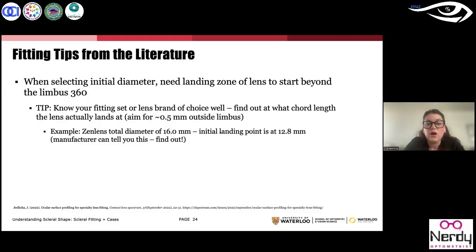If you're not sure of this, just reach out to the manufacturer. I think this is a really handy thing to know for the different diameters in your set. Where is that initial landing point that the lens is touching down? How wide is that?